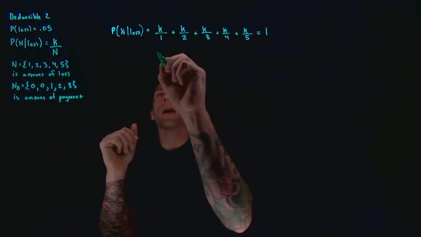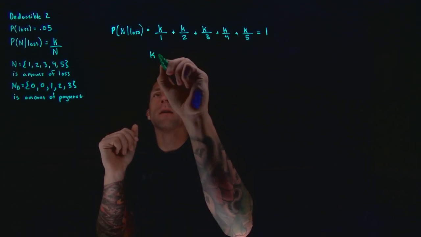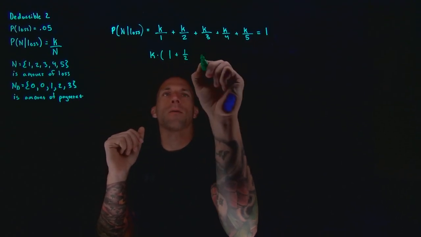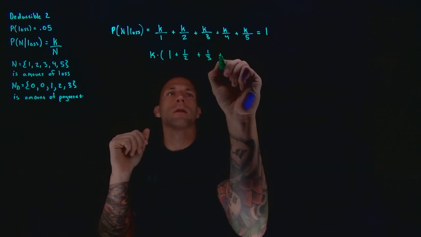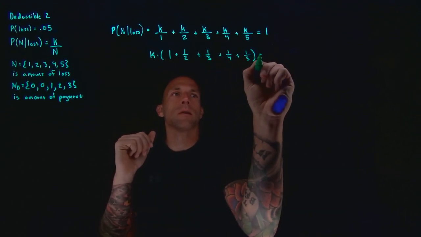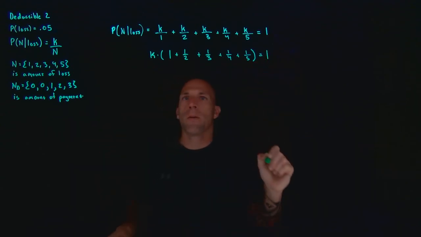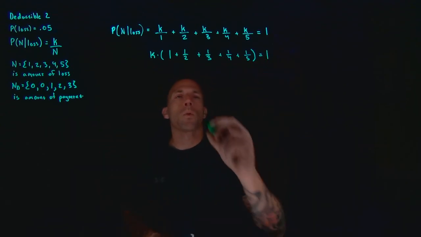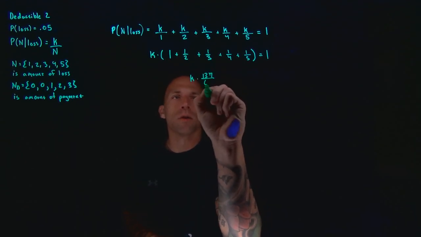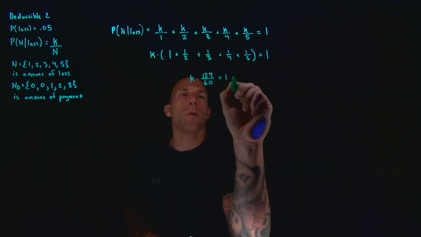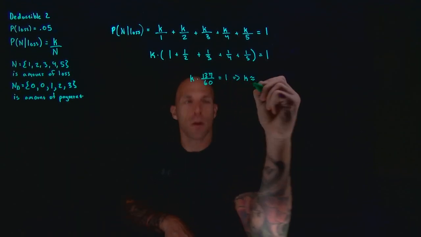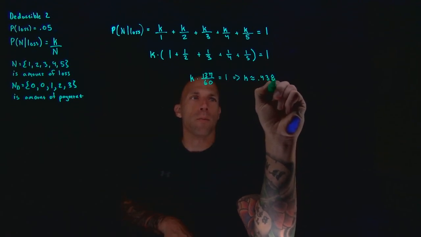So let's factor out the k. And then rewrite our fractions here. Okay, and using the calculator, we get k times 137 over 60 is equal to 1, which tells us that the value of k is just about 0.438.